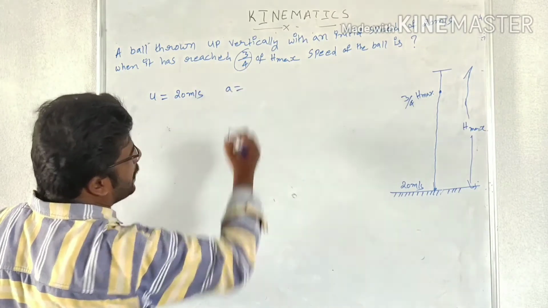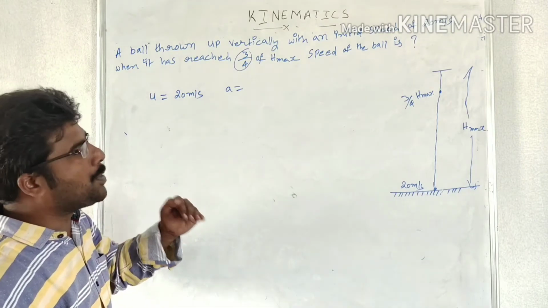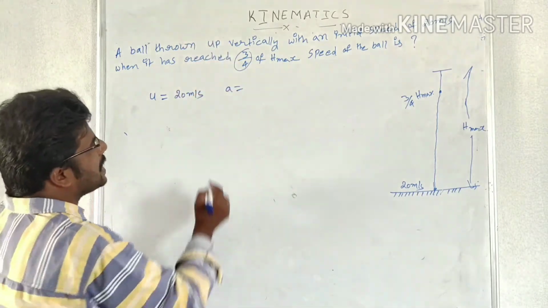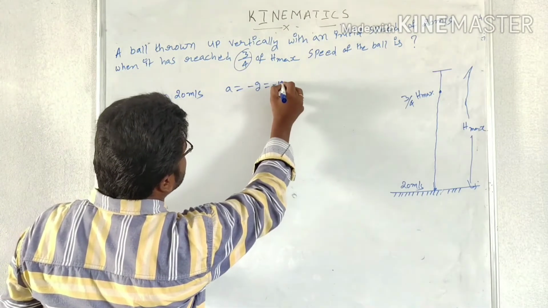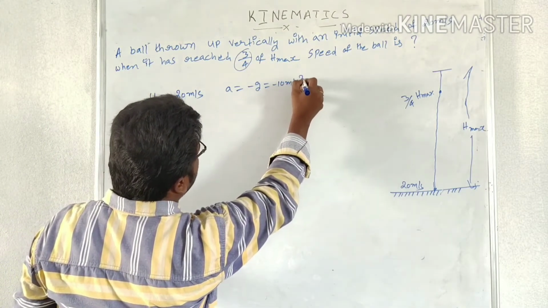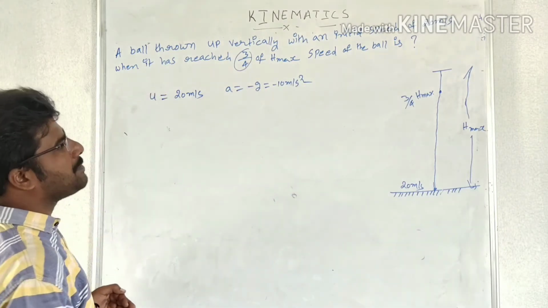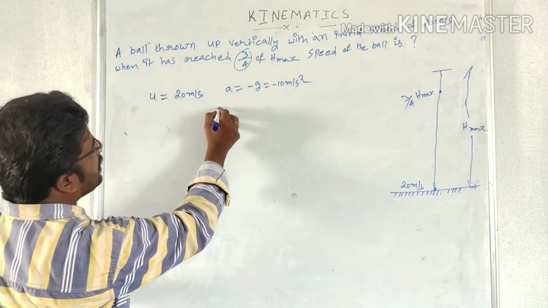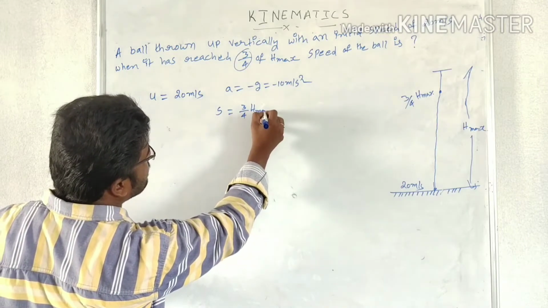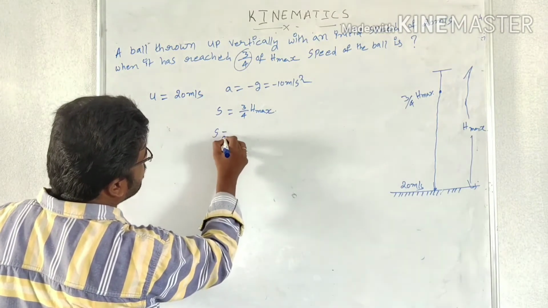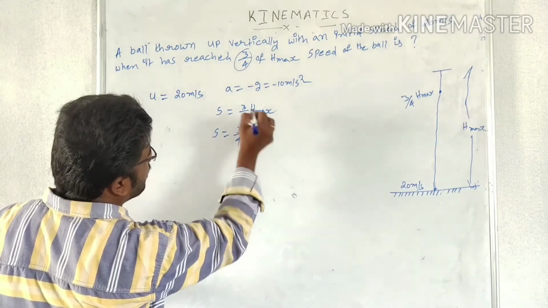Since the body is moving vertically upwards, a is minus g, that is equal to minus 10 meters per second square. And s is also given, s is 3/4 of h max.